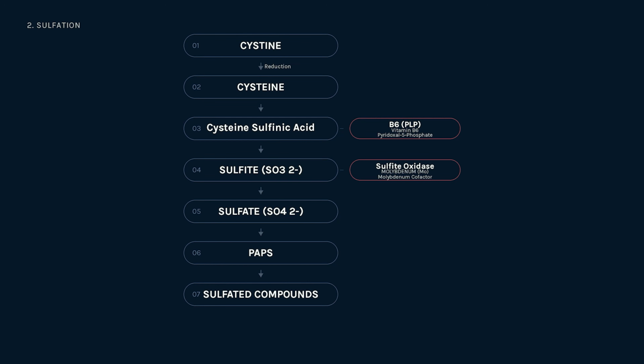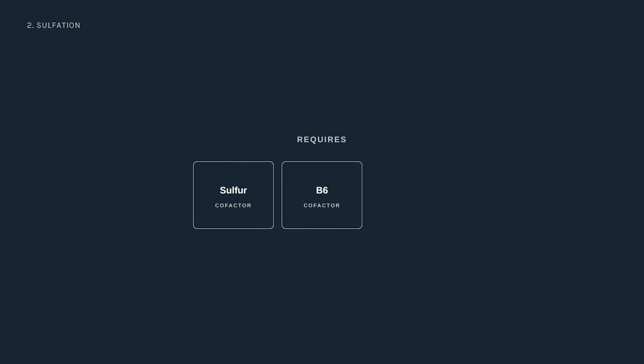I'm going to give you the nutrients that you need to speed up these bottlenecks to help the body process this. You can see this quite clearly in the image. The first bottleneck is B6. Not having enough B6 stops us from being able to turn cysteine all the way down into sulfite. So it's really important that we have B6 sufficiency to be able to do that. From there, sulfite can cause a lot of problems.